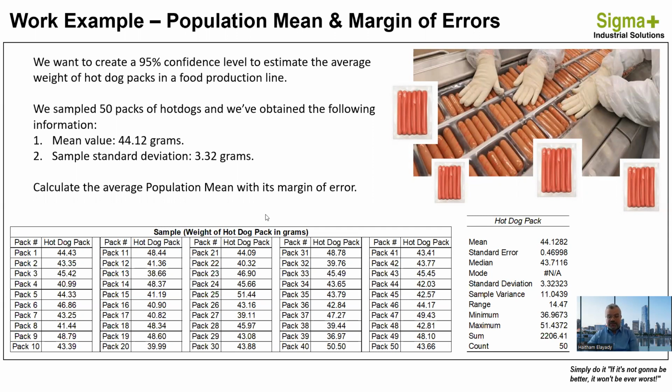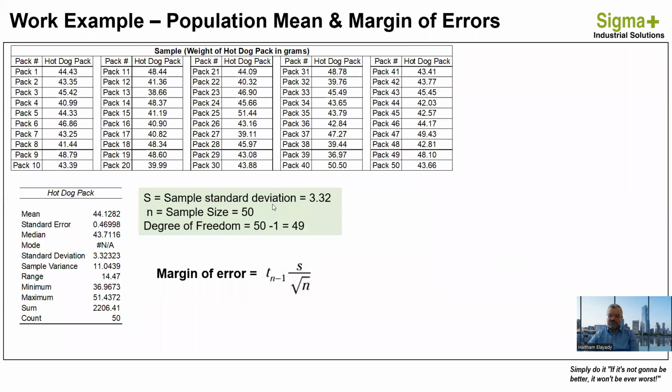So we want to calculate the average population mean with its margin of error. The information that I have is the sample standard deviation, which is 3.32 grams, the sample size, which is equal to 50, and the degrees of freedom, which is the sample size minus 1, or 50 minus 1, which is equal to 49.